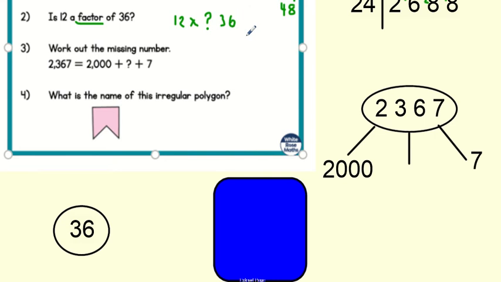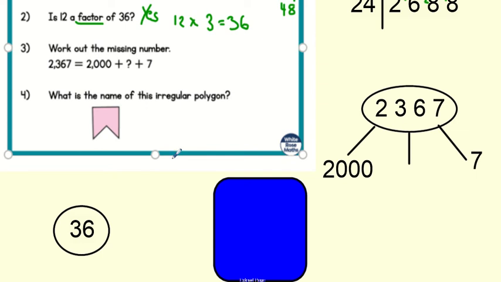So, can I multiply anything by 12 to make 36? Well, actually, I know 12 times 3 is 36. So therefore, because I can multiply 12 by something and it equals 36, then yes, 12 is a factor of 36.